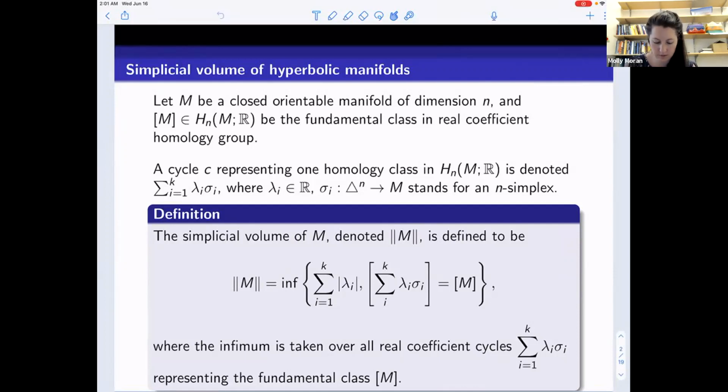We define the simplicial volume to be the infimum of the sum of the absolute values of lambda_i, and the infimum is taken over all real coefficient cycles representing the fundamental class.